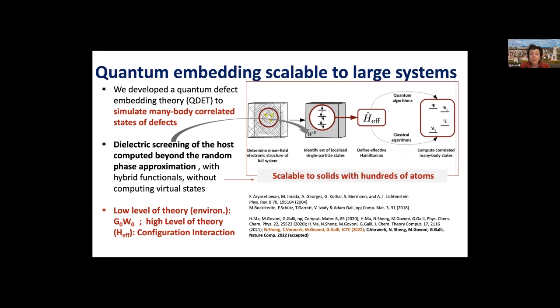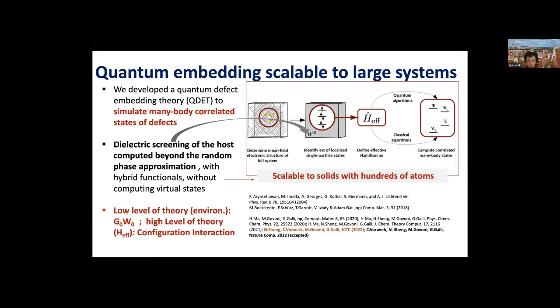And these algorithms are such that we could scale this calculation to solids with hundreds of atoms. So people have used similar ideas before, but just for small systems. And now we can do really hundreds. I will show you a calculation with 500 atoms. And don't get me wrong, 500 atoms are for the solid.